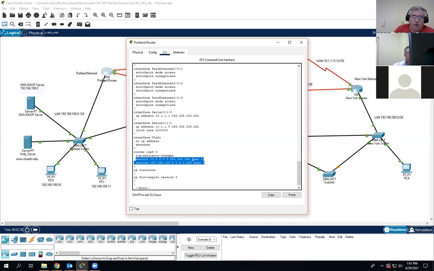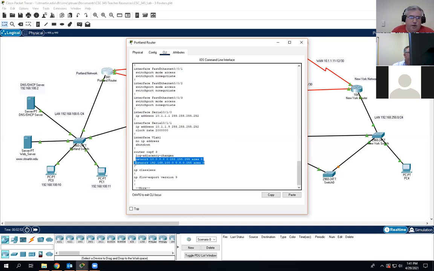And so with OSPF, if you have an area 0 and an area 1, area 0 can't talk to area 1 unless there's a border router that will talk on both areas. So you have it configured for both.